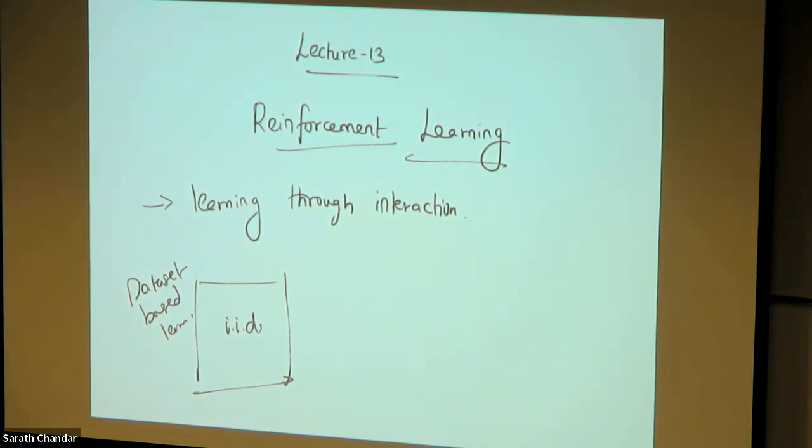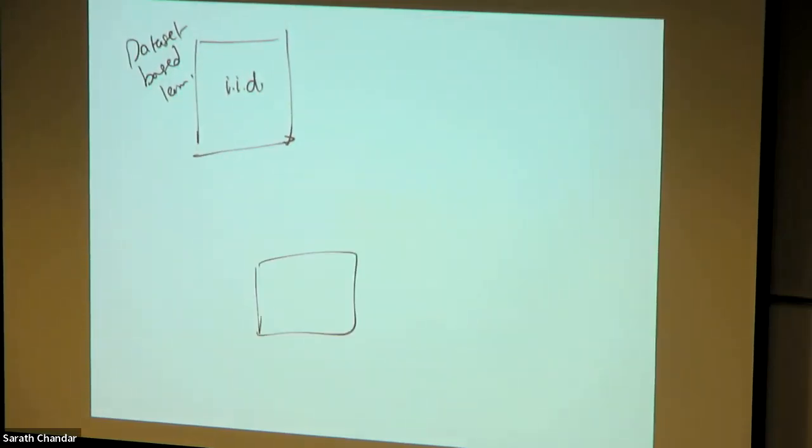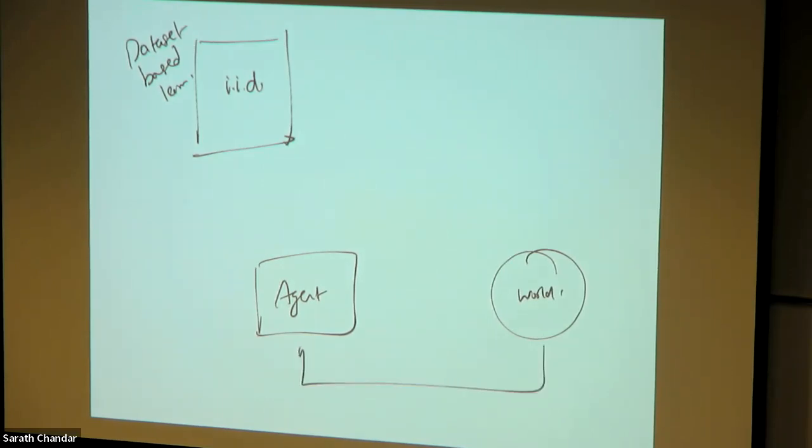To contrast with the supervised learning setup, in reinforcement learning the entire learning happens through interaction, right? You have the agent which interacts with the world. At every time step, the agent sees some state, and it takes some action based on the state.